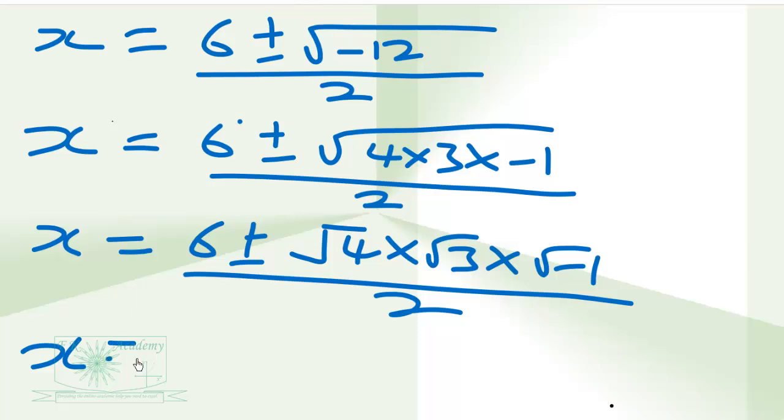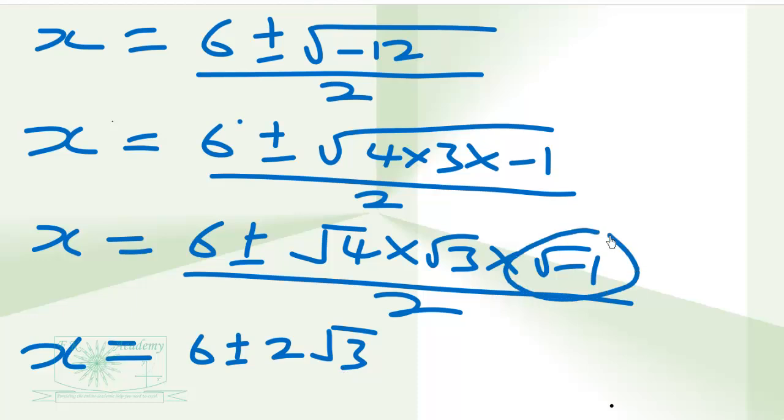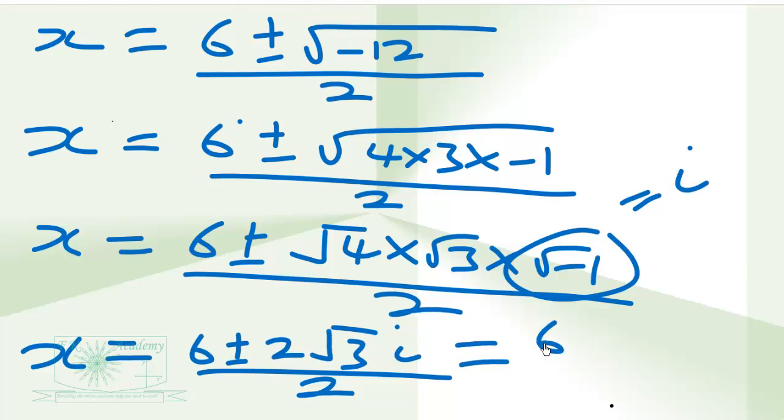So x will be equal to 6 plus or minus square root of 4, which is 2, root 3. Recall that this is a complex number that gives us i. So square root of negative 1 is i, divided by 2. So this simplifies to 6 divided by 2 plus or minus 2 root 3 i divided by 2.